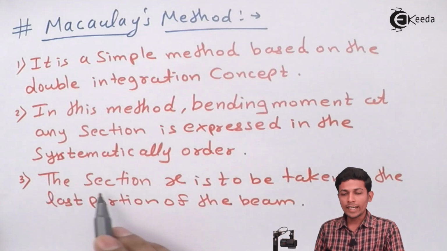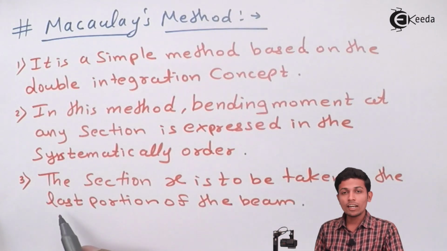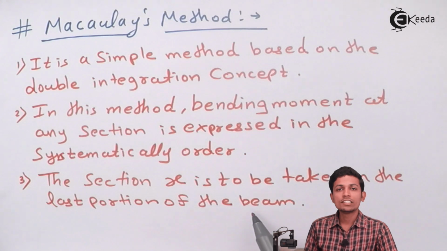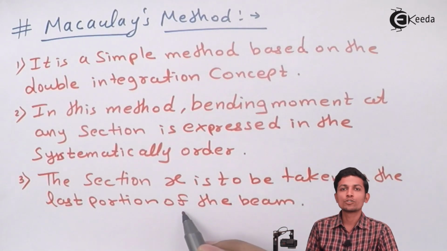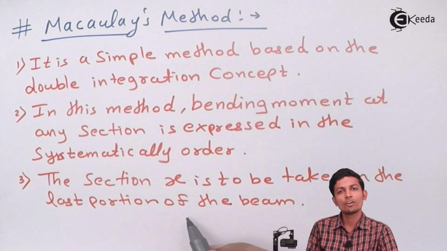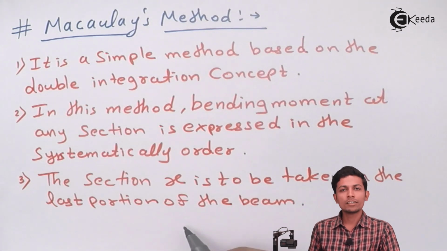Now the section X is to be taken in the last portion of the beam. Always take the section X in the last portion of the beam, all right, left or right. I am explaining this in the question also.